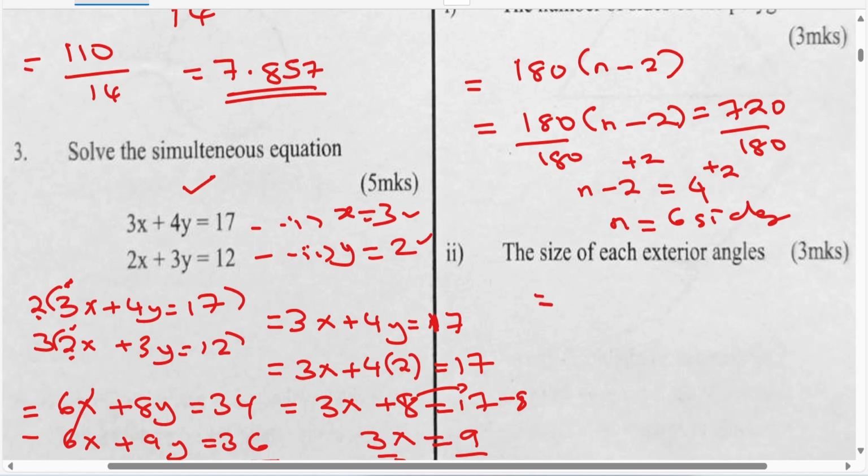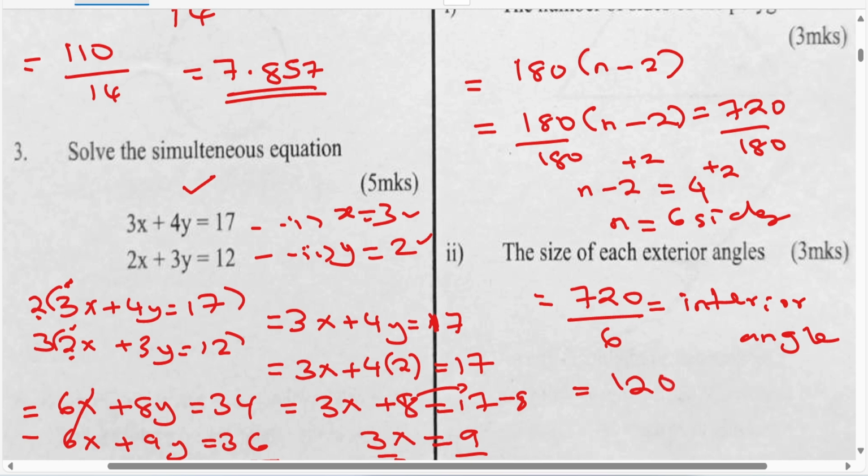You can take 720 divided by 6 sides for you to get one interior angle. One interior angle only, not all. So 720 divided by 6 gives you 120 degrees for one interior angle.